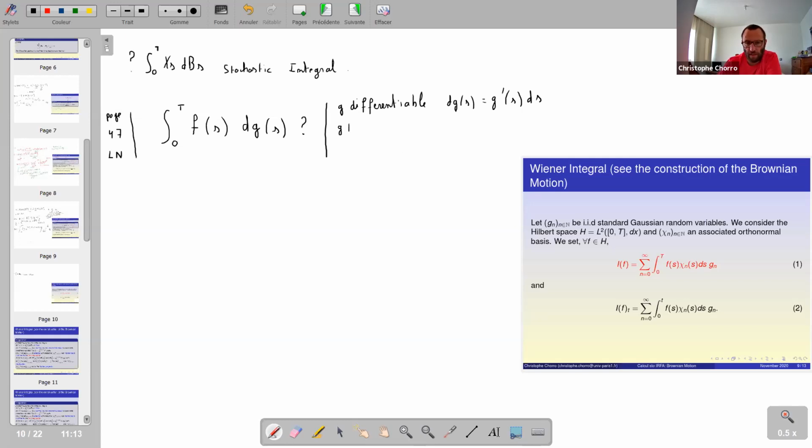If g has bounded variation, it will also be possible to give sense to this integral, because we know from classical analysis that a mapping with bounded variation from R into R can be written as the difference of two increasing mappings. And in the case where g is increasing, it's easy to do the job, because intuitively, if you are continuous and increasing, you are more or less a distribution function.